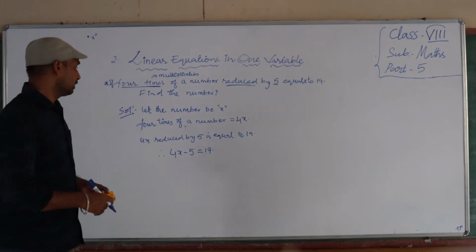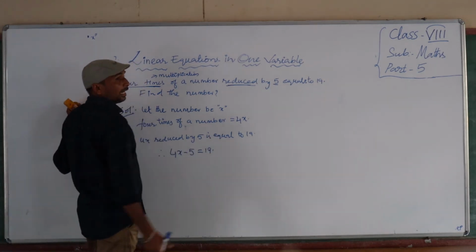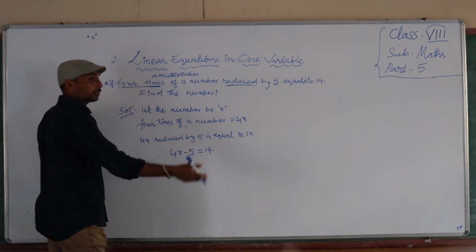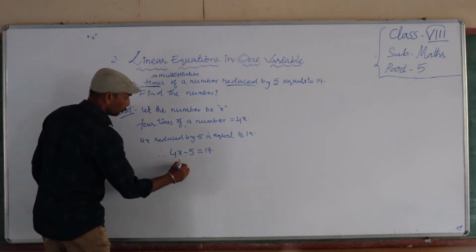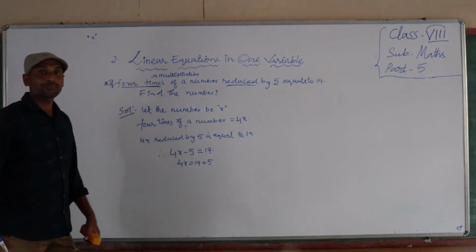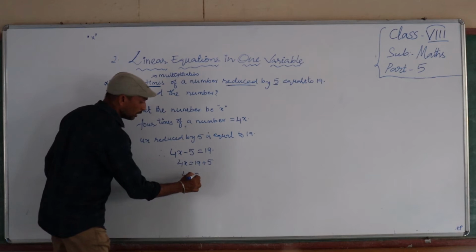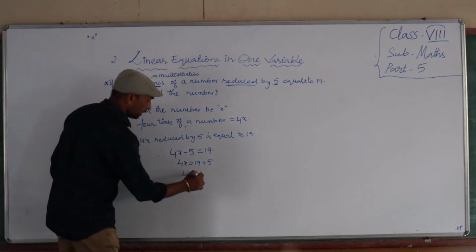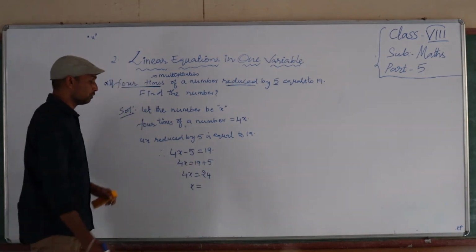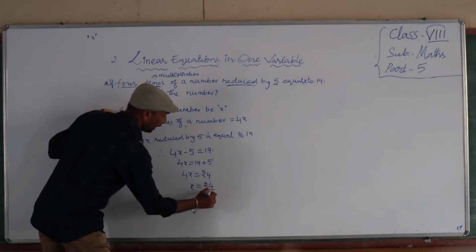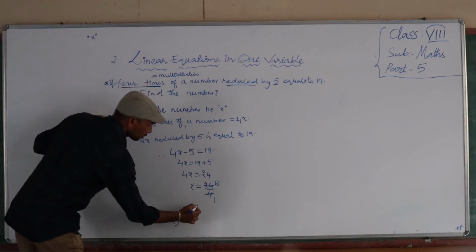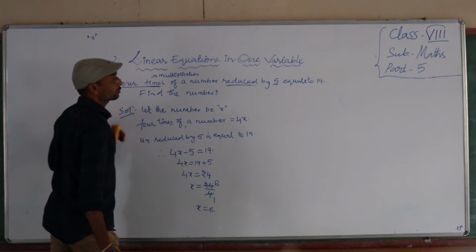Now we got the equation. In the previous class we studied how to solve this. First the constant we have to transpose to the right side. 4x is equal to 19 plus 5, so 4x is equal to 24. Then x is equal to, the 4 transposes to the right side, 24 by 4. 4 sixes are 24, so x is equal to 6.